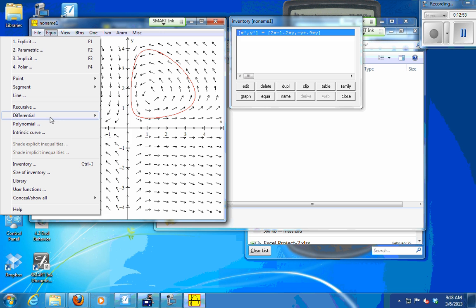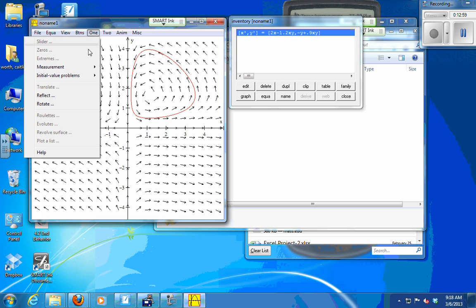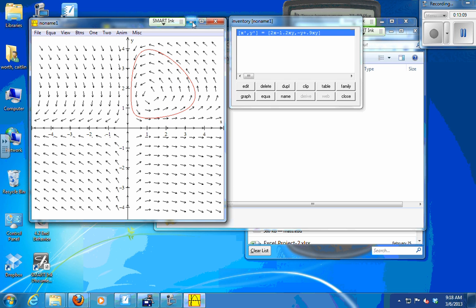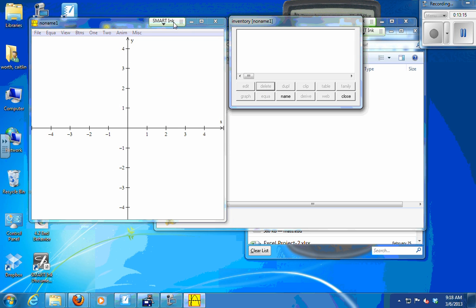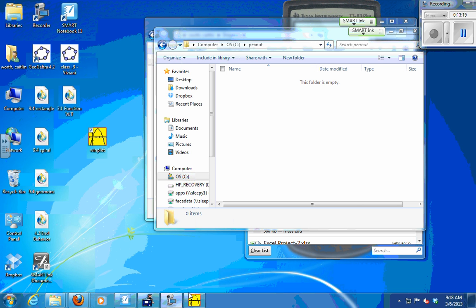Go to equation, differential, dx dt, and then to get a solution curve, you go to 1, initial value problems, dx dt trajectory. So that is WinPlot, and it's pretty cool.